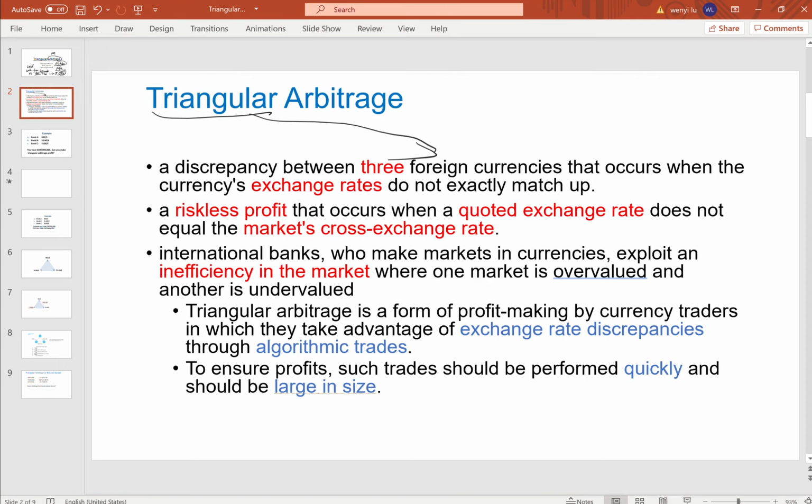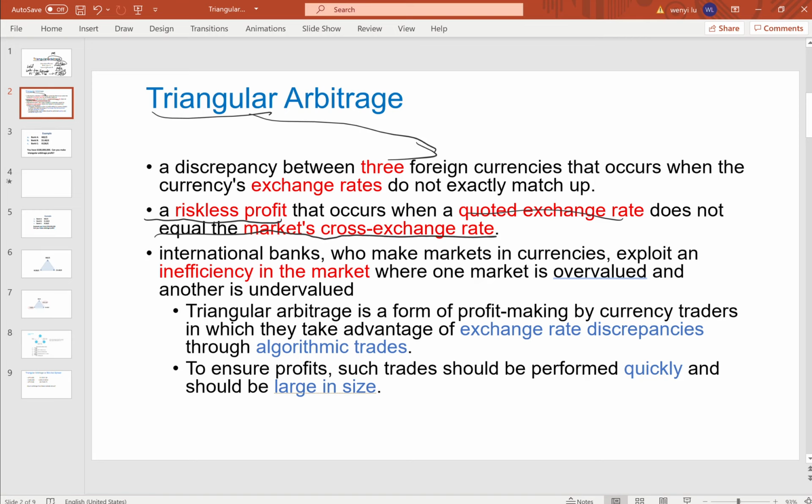If a market is not efficient, sometimes exchange rates are not exactly matched up. If that happens, then we can make a riskless profit when our quoted exchange rate does not equal the market cross exchange rate.